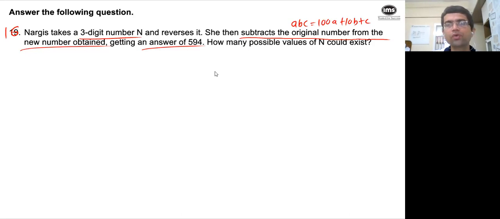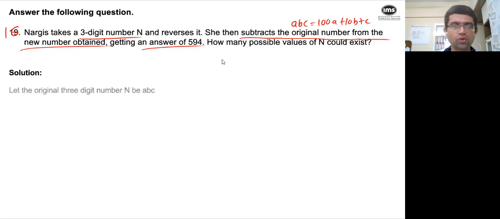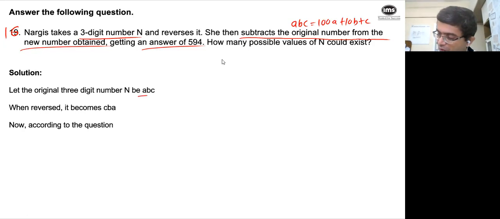So now, if you reverse it, it will become 100C plus 10B plus A, isn't it? So if you start with ABC, original number is 100A plus 10B plus C, and reversed, it is going to become CBA. So let's expand both and find their difference. Now I am subtracting the original number.